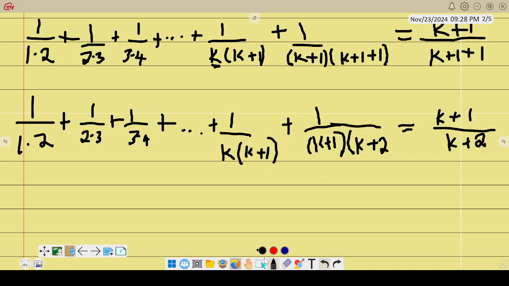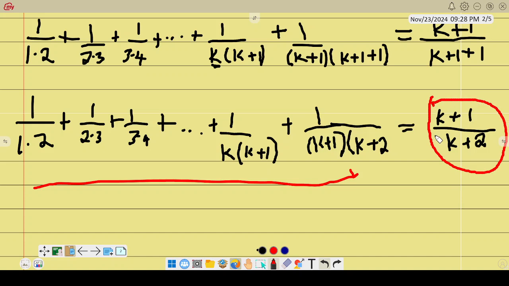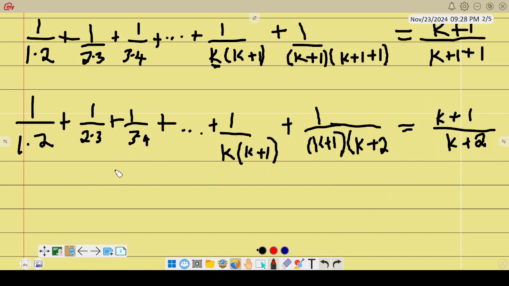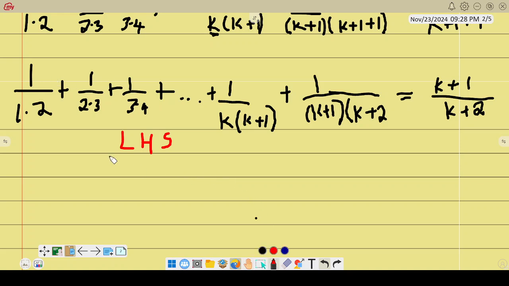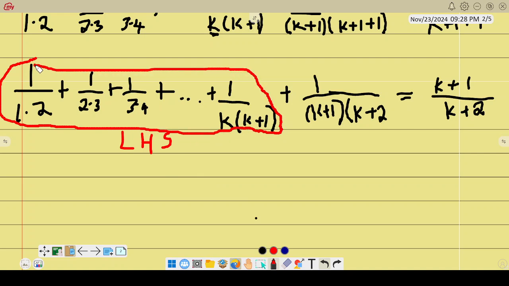Here, you notice that you have substituted k plus 1 and simplified the right hand side. Now you just have to start working on the left hand side so that it matches what's on the right. Under the left hand side, this part which has the dots, we usually replace it.